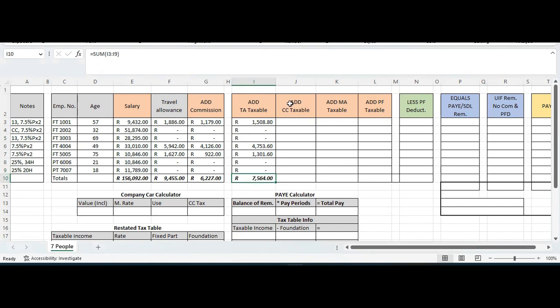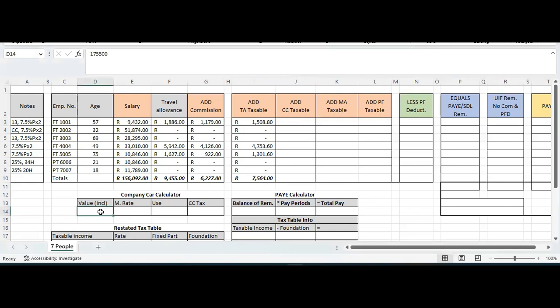Okay, now we look at the use of the company car. Now we know there's only one guy that uses a company car, and that is number 2. Okay, but now what I've done here to make it a little bit easier for you, I've given you what I call the company car calculator, just so that we don't have to move between documents the whole time.